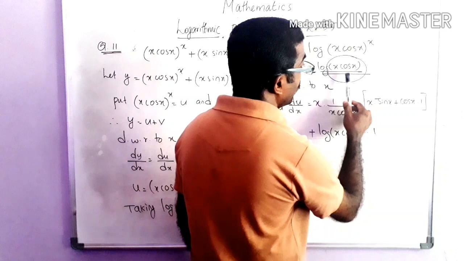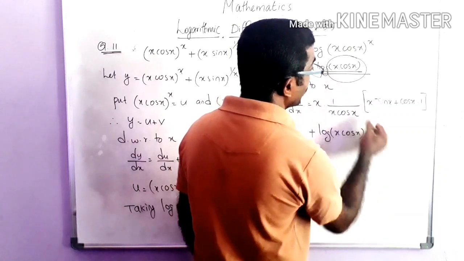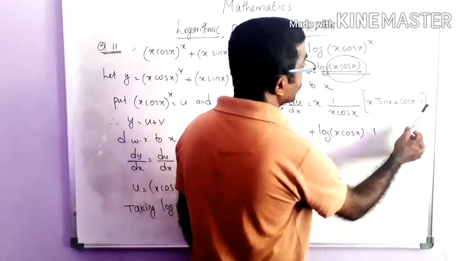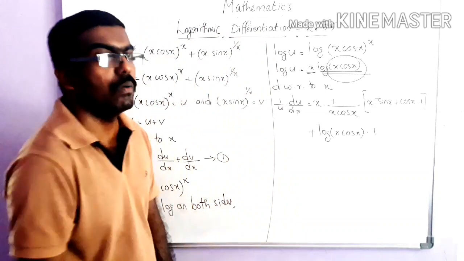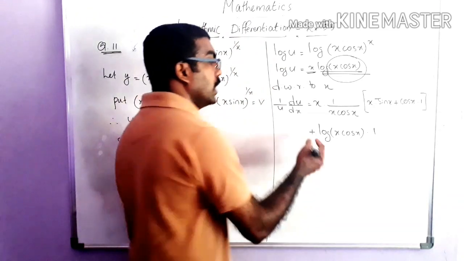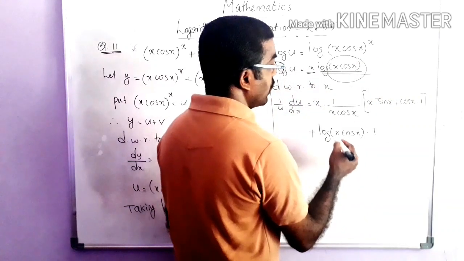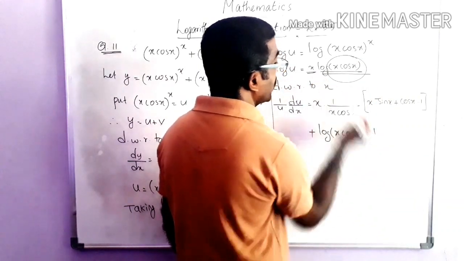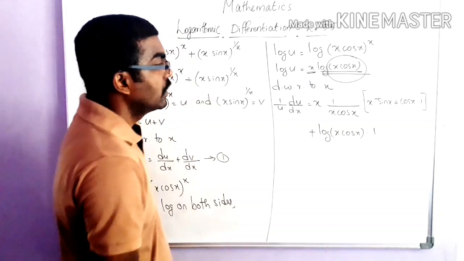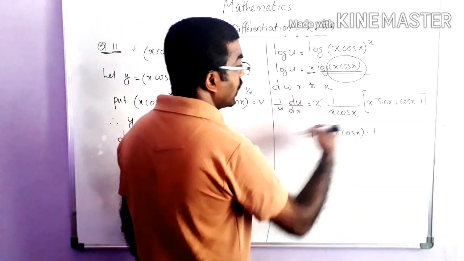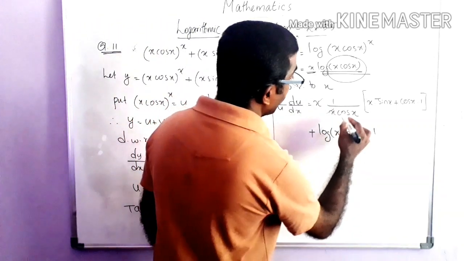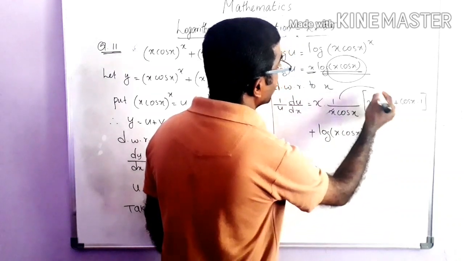So here also product rule, x into derivative of cos x minus sin x, and plus cos x into derivative of x is 1. Then plus log x cos x is the second function, that we write as it is, into derivative of x is 1. Now we can cancel this x and x, and we can multiply 1 by cos x inside the bracket.